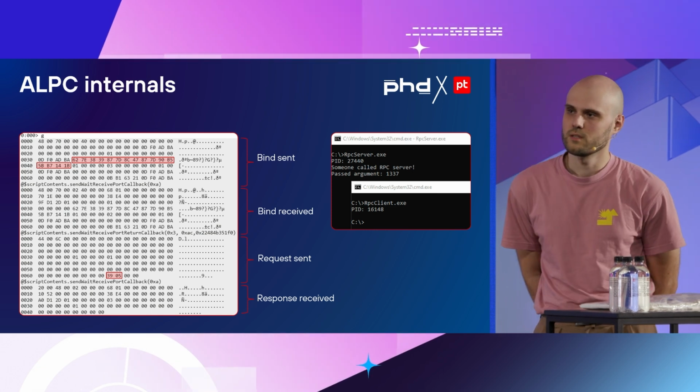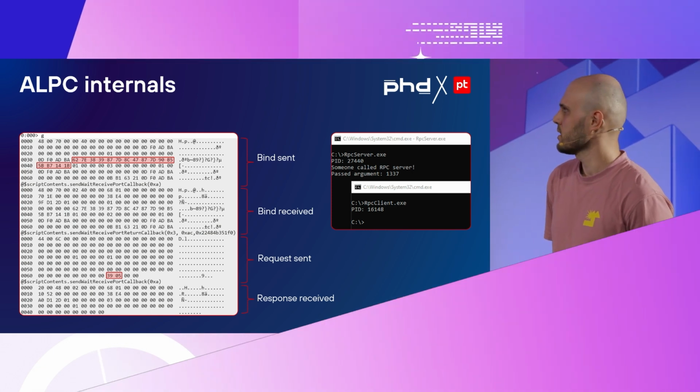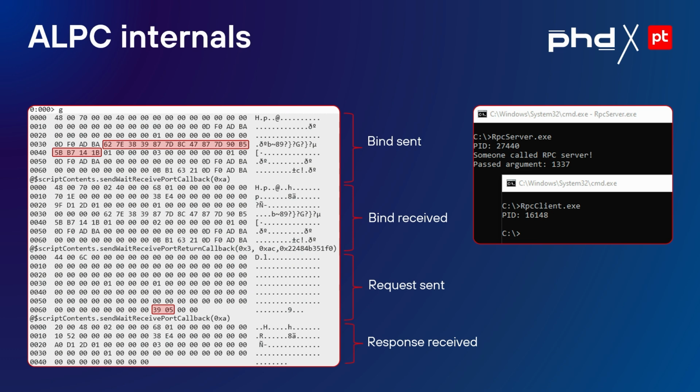So let's take a look at the example that was in the RPC section, and let's see how it is compatible with the ALPC protocol. Disclaimer, I used WinDbg for a more vivid representation of how it looks.